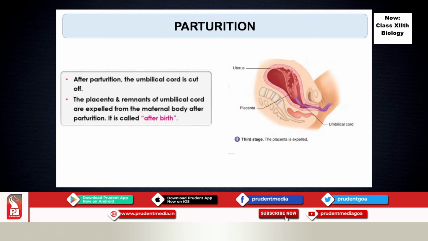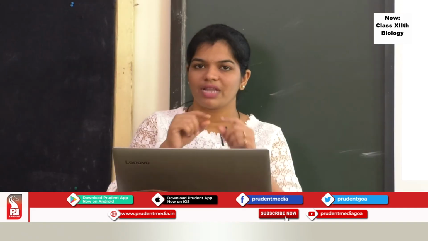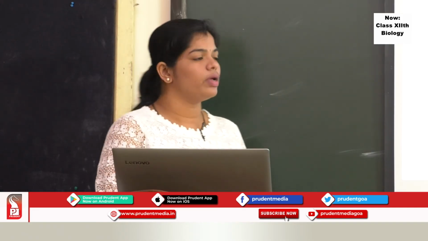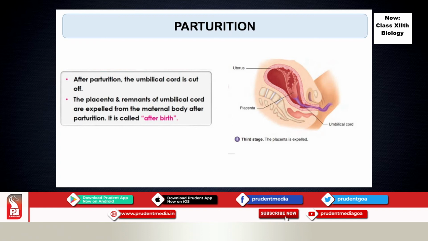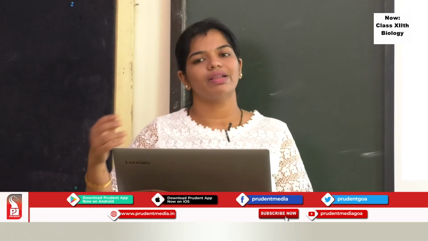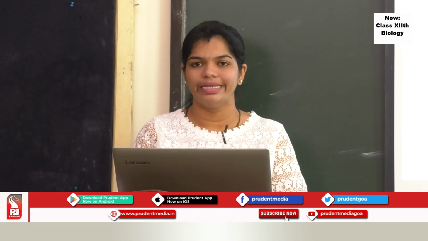So, after the parturition, the umbilical cord is cut off. The connection between the mother and the fetus, that was the umbilical cord, is cut off. The placenta and the remnants of the umbilical cord are expelled from the maternal body after parturition, which is termed afterbirth. So, it will come out in the form of bleeding, okay.